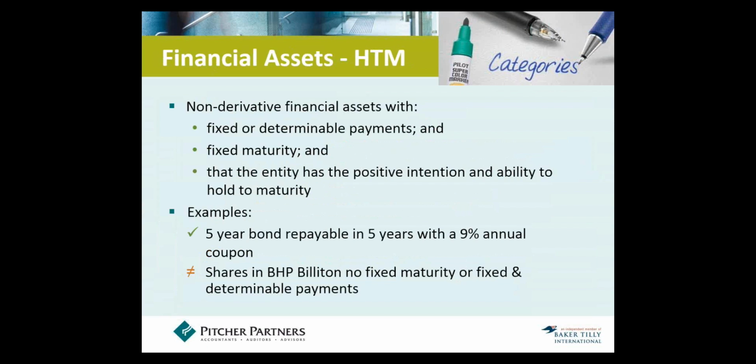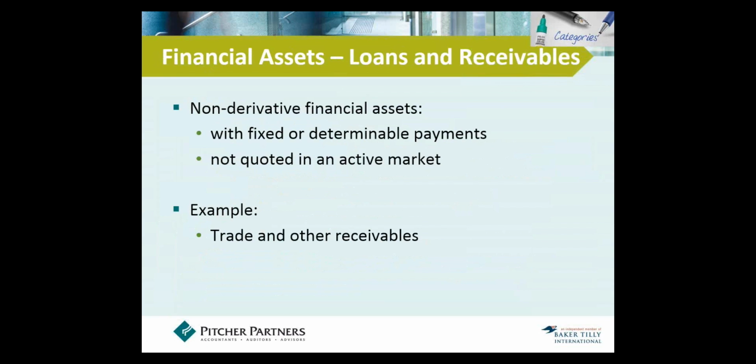There's no criterion that you have to sell them at a certain stage. There's no certainty that you're going to receive certain payments. You can't say I'm definitely going to receive certain dividends, etc. So that's not held to maturity.